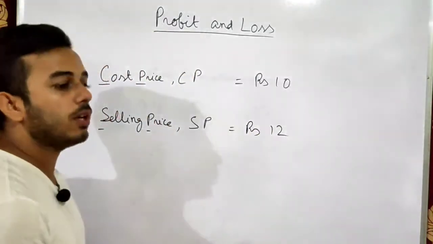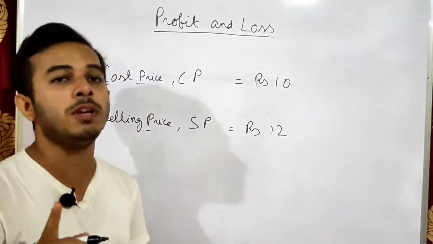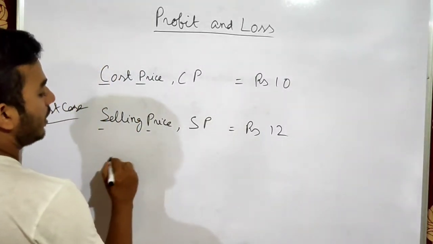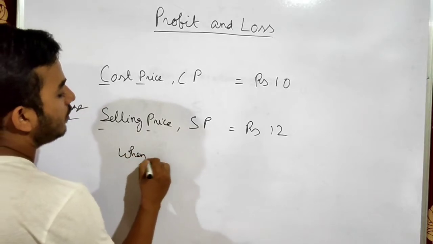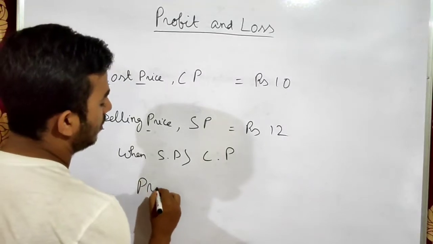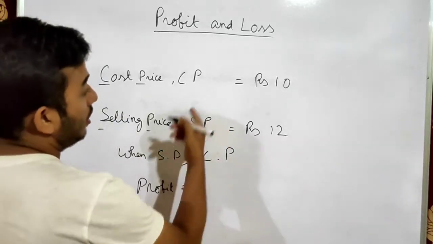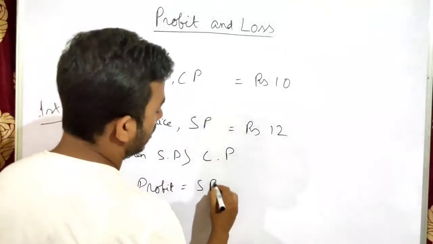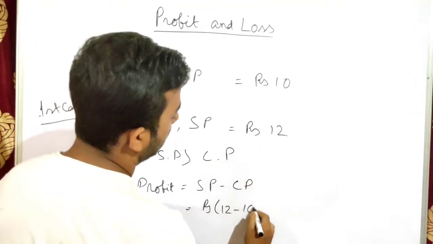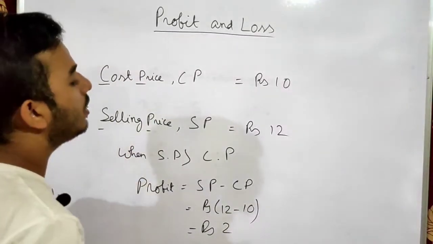So when SP is greater than CP, we make a profit. We write here: when SP is greater than CP, profit equals SP minus CP. That is rupees 12 minus 10 equals rupees 2. When SP is greater than CP, we made a profit.